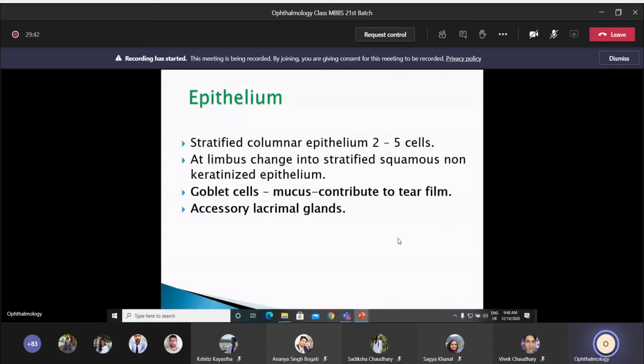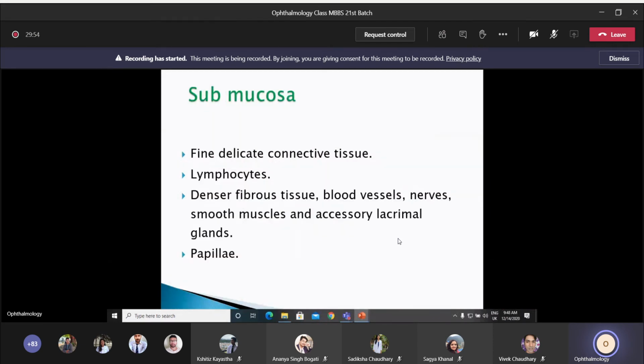Okay, so the epithelium is important, and mainly you have to remember that there are goblet cells present, contributing mucin to the tear film, and also the accessory lacrimal glands.